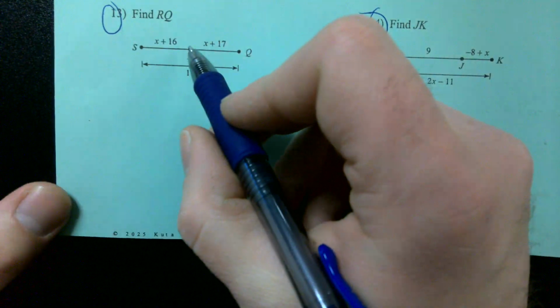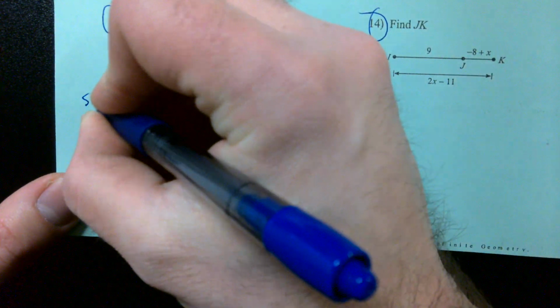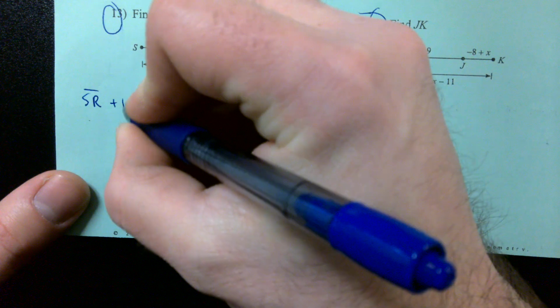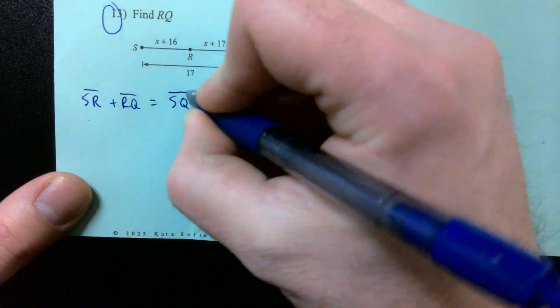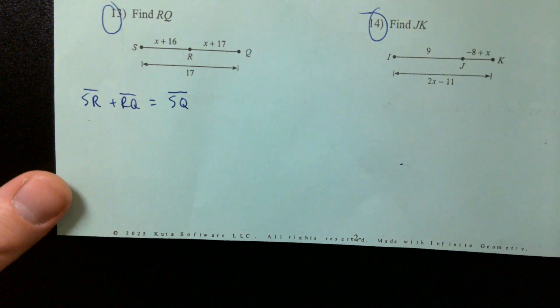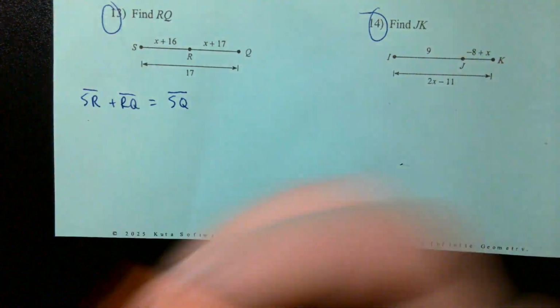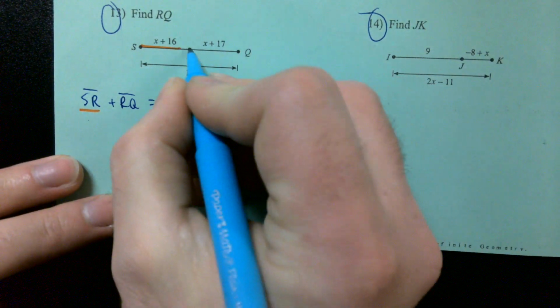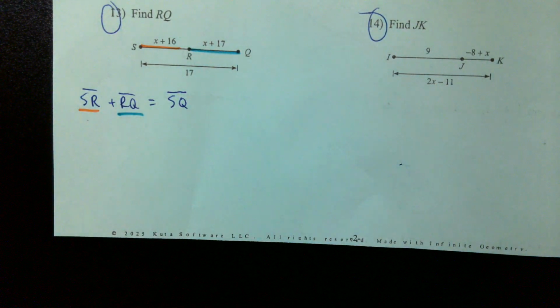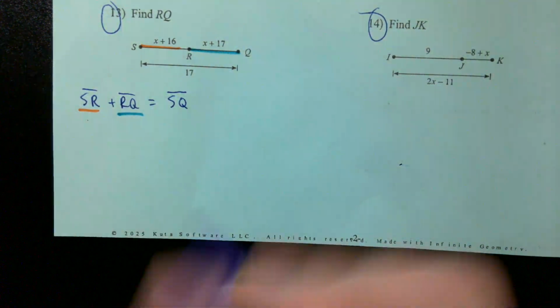I'm going to set up an equation here where SR plus RQ is equal to SQ. Right? That means this segment plus this segment equals this whole thing.